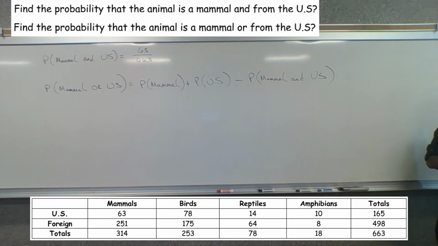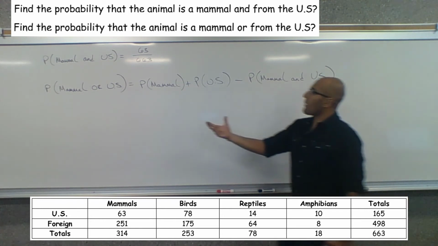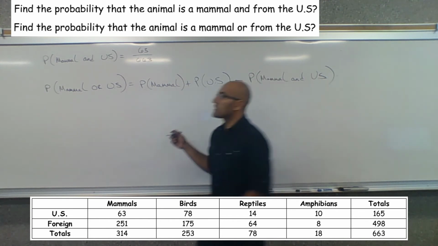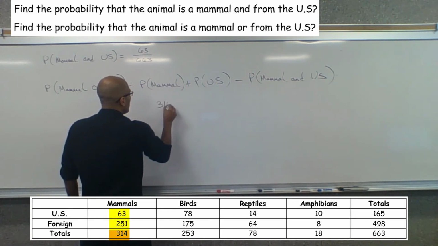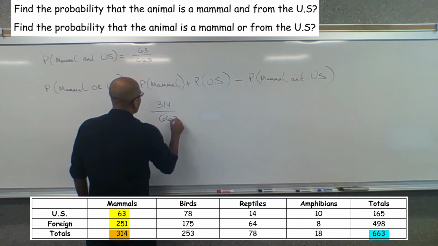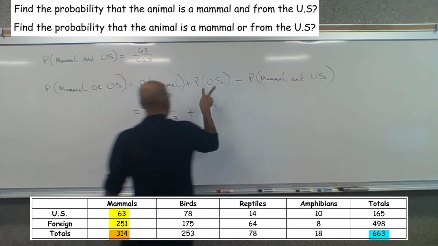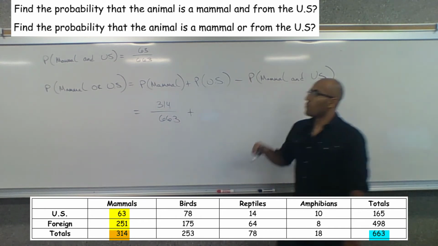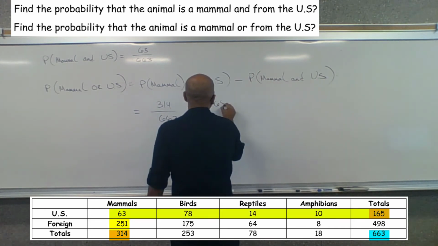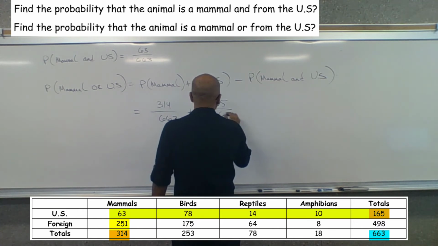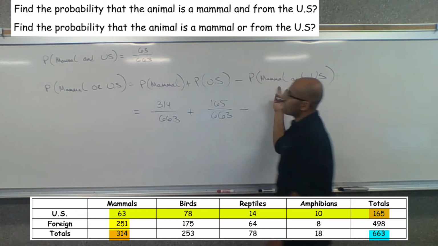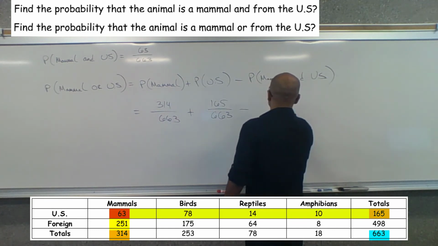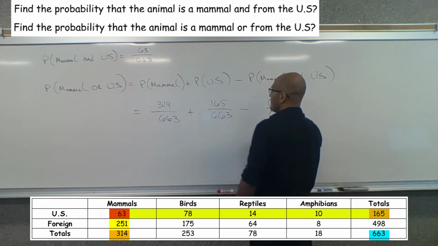Okay, so the probability that it's a mammal by itself, well, there are 314 mammals total divided by 663, plus the probability that it's from the US. Well, there are 165 that qualify as from the US over 663, minus the probability that it's from the US and a mammal, that would be 63 out of 663.